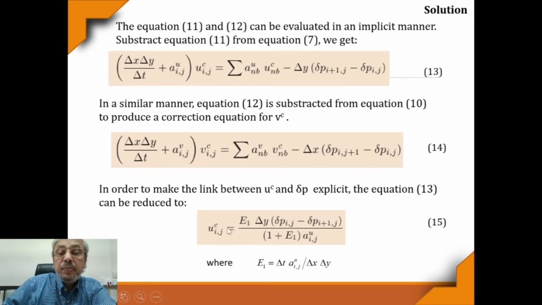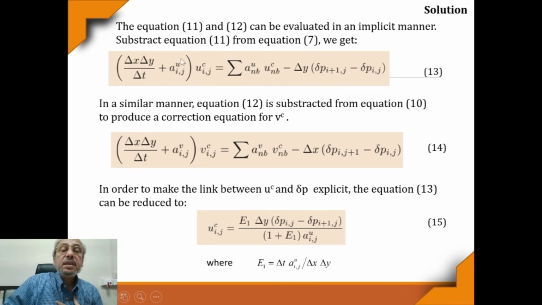Here it is simply to write uijc, the velocity correction, from this expression after neglecting the neighboring terms. What we get when we do the algebraic rearrangement is that this E subscript 1, E1, is delta T Aiju divided by delta X delta Y.